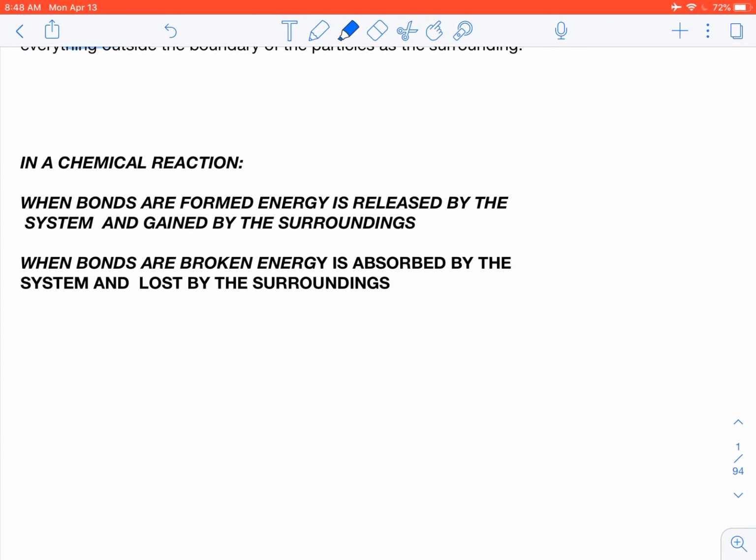So in a chemical reaction, when bonds are formed, energy is released by the system. And when bonds are broken, energy is absorbed. That's important to remember. Whenever bonds are formed, energy is released, and when bonds are broken between atoms, energy is absorbed by the system.